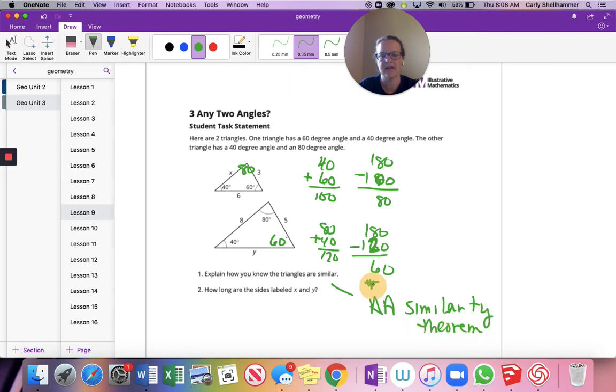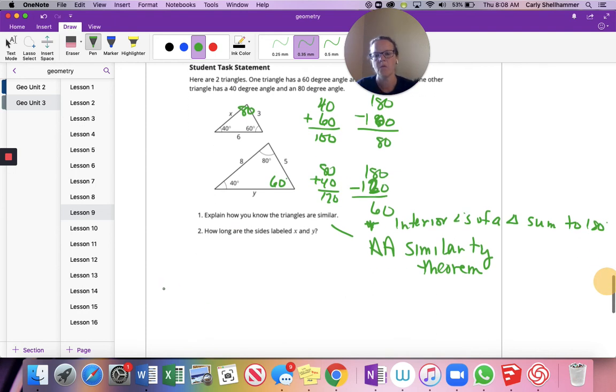Prior to that, I should say that the interior angles of a triangle sum to 180. How long are the sides labeled X and Y? Well, once we know that the triangles are similar, we can figure out the scale factor. So if I'm going from this triangle to that triangle, it's bigger.